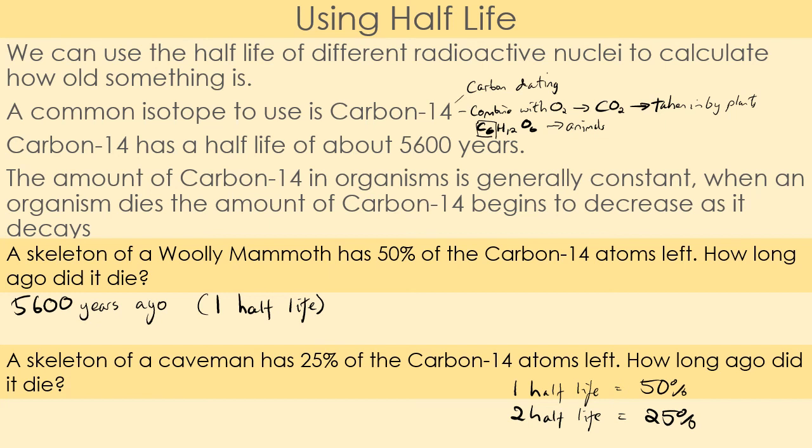You need to go to 25% because I've got that one. So I need two half-lives. So it died two half-lives ago. If one half-life is 5,600, I will do 2 times 5,600, and that will give me 11,200 years ago.